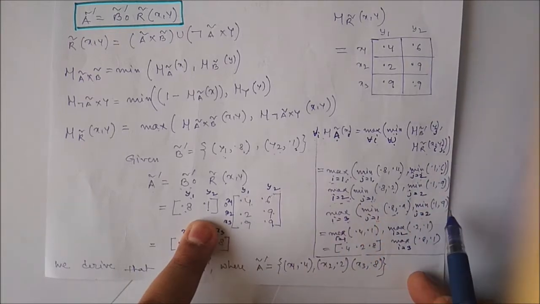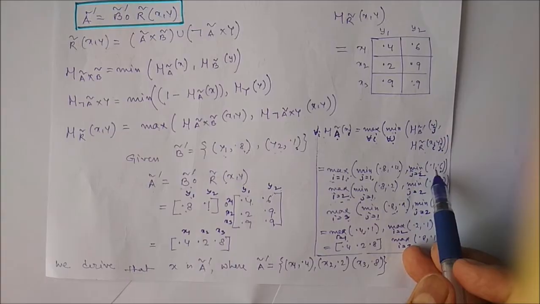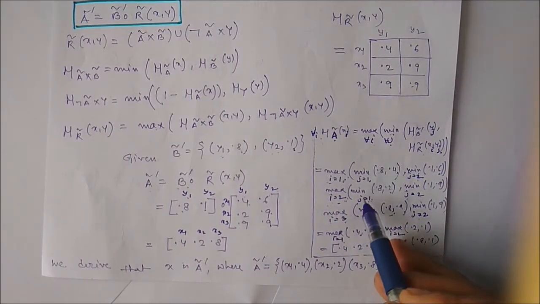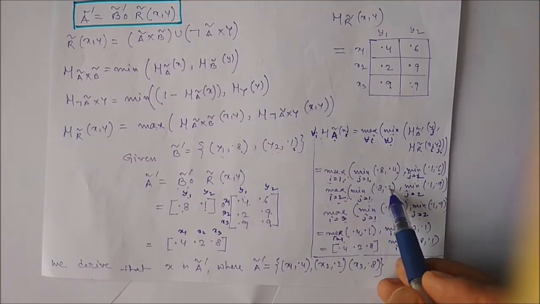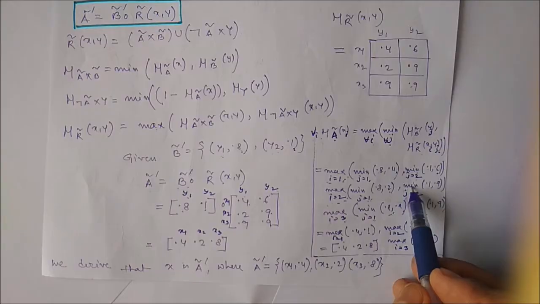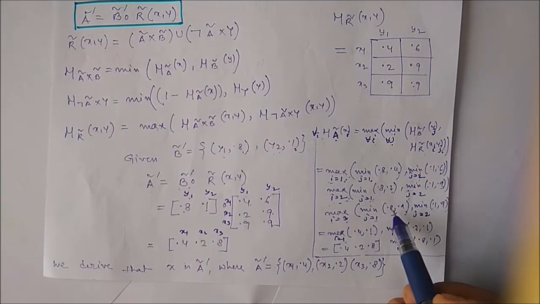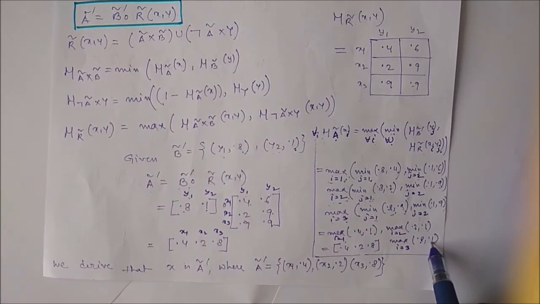So the minimum between 0.8 and 0.4 is 0.4, and between 0.1 and 0.6 is 0.1. For i equal to 2, the minimum between 0.8 and 0.2 is 0.2, and between 0.1 and 0.9 is 0.1. For i equal to 3, the minimum between 0.8 and 0.9 is 0.8, and between 0.1 and 0.9 is 0.1.